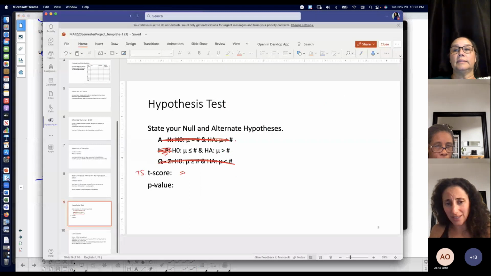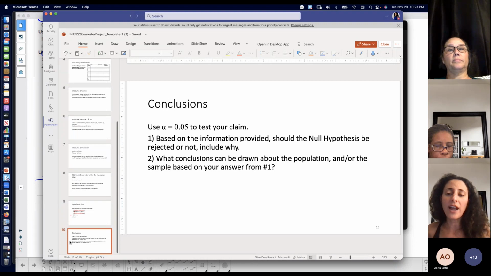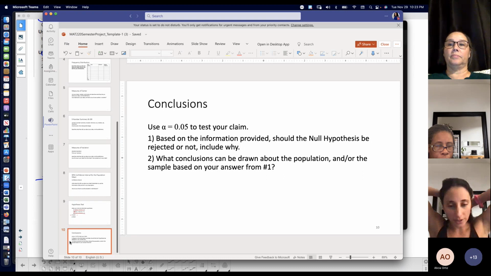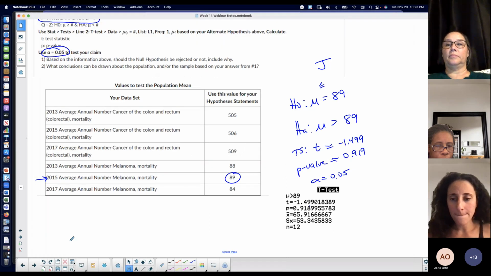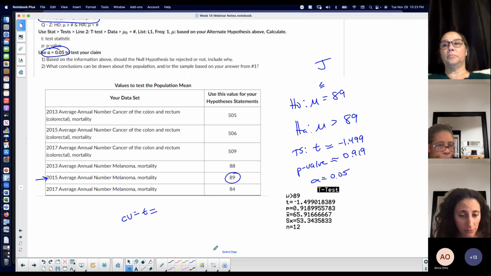So this is an easy slide, but now the conclusion. Based on the information provided, should the null hypothesis be rejected or not? Include why. What conclusions can be drawn? Whatever method you want to use, you're not required to use the traditional method. If you want to give me a critical value, I would love that, because that shows more understanding of hypothesis testing.